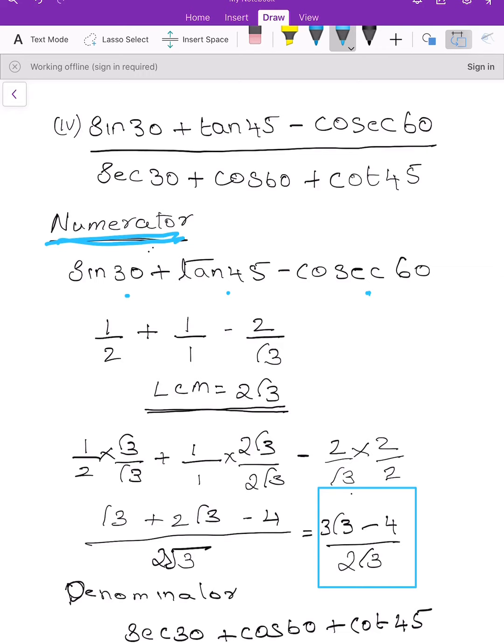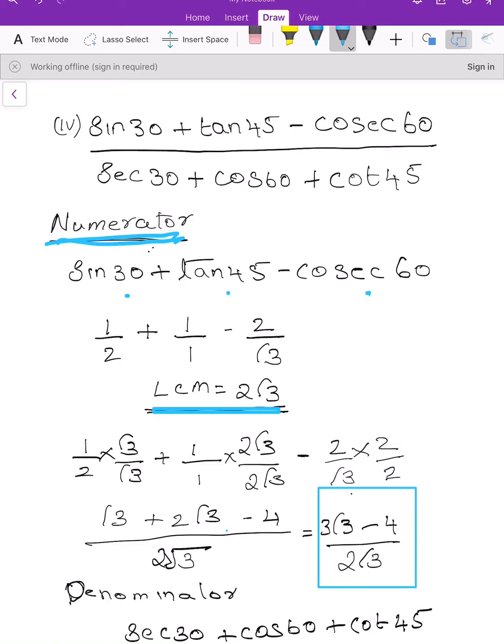Because the denominators are not the same, I have to take the LCM. There is no common factor between 2 and root 3, so the LCM will be 2 root 3. In 1 by 2 there is already 2, so I multiply both numerator and denominator by root 3.